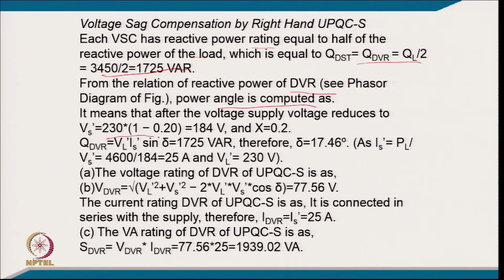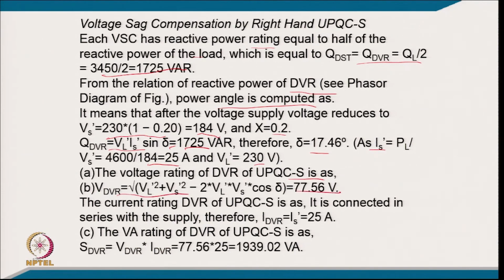Your supply voltage reduces to 184 with the sag of 20%, and Q DVR is the same as already given. So, we can calculate delta from here, and then once we know delta we can find out the current in the supply, and the voltage rating of the DVR can be calculated from the phasor.